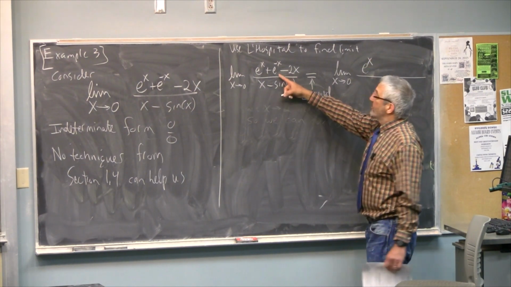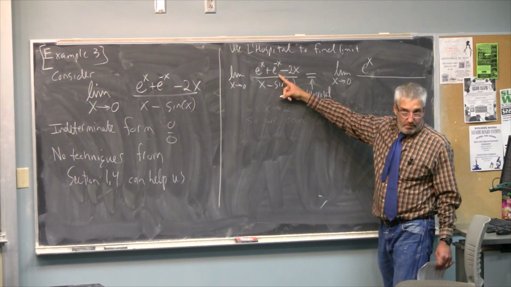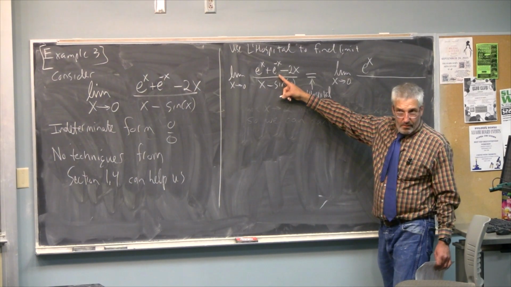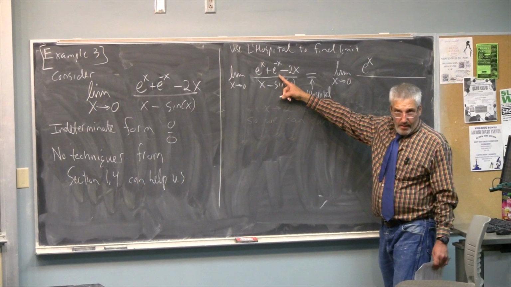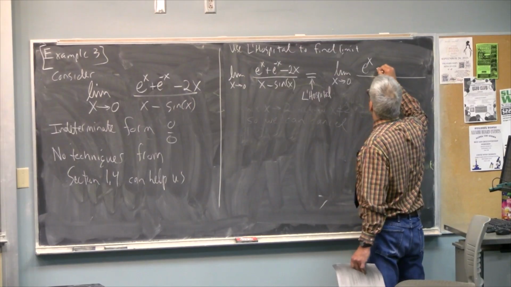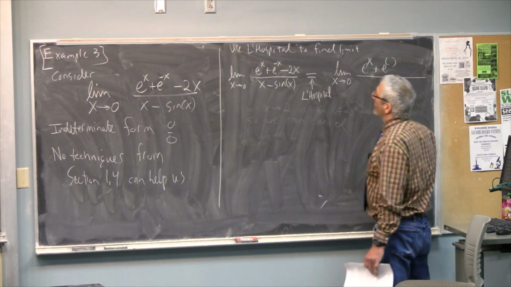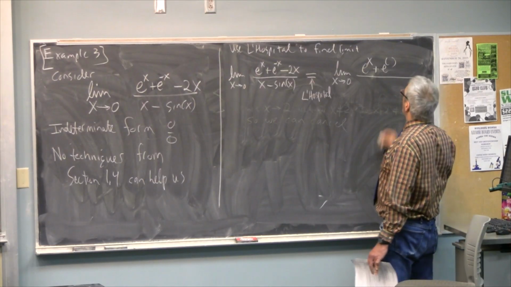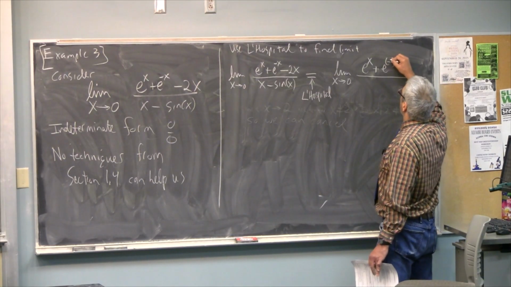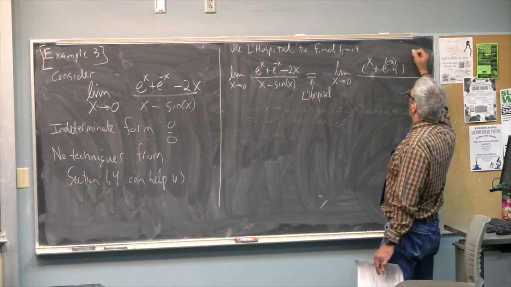Can somebody tell me what's the derivative of e to the minus x? Well, the outer function is e to the parentheses. So I take the derivative of the outer function, I put the original inner function inside, so minus x, and then I multiply by the inner prime. What's my inner prime?